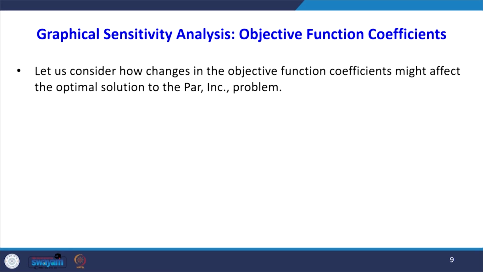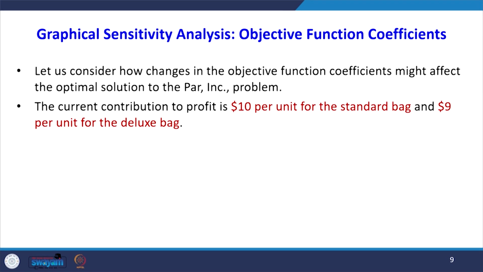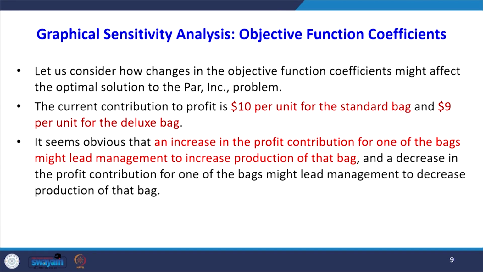Let us consider how changes in the objective function coefficient might affect the optimal solution. The current contribution to the profit is $10 per unit for the standard bag and $9 per unit for the deluxe bag.